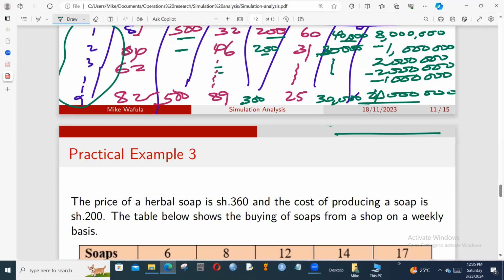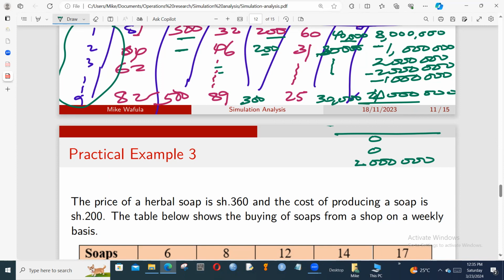There's no profit, that's a zero. And then the eighth, a zero as well. Then the ninth, 2 million.